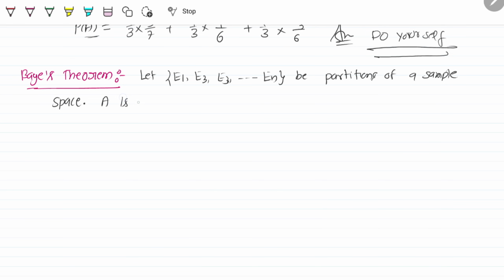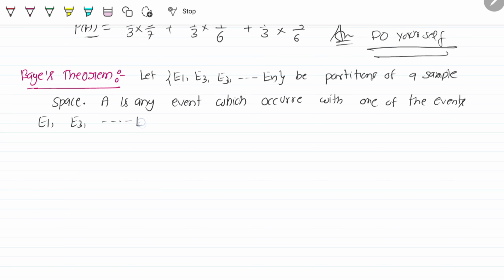A is any event, same like total probability. A is any event which occurs with one of the events E1, E2, ... En.